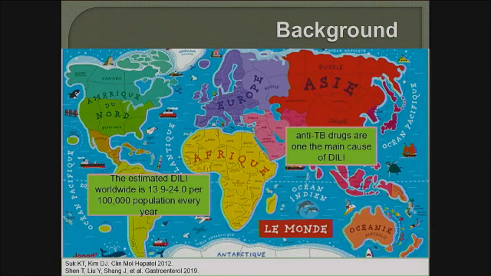So we know that tuberculosis remains a major global health problem despite the availability of highly efficacious treatment for decades. And we know that DILI secondary to anti-TB treatment is reported in 2 to 28% of patients, varying with the definition, study population, and treatment regimen.